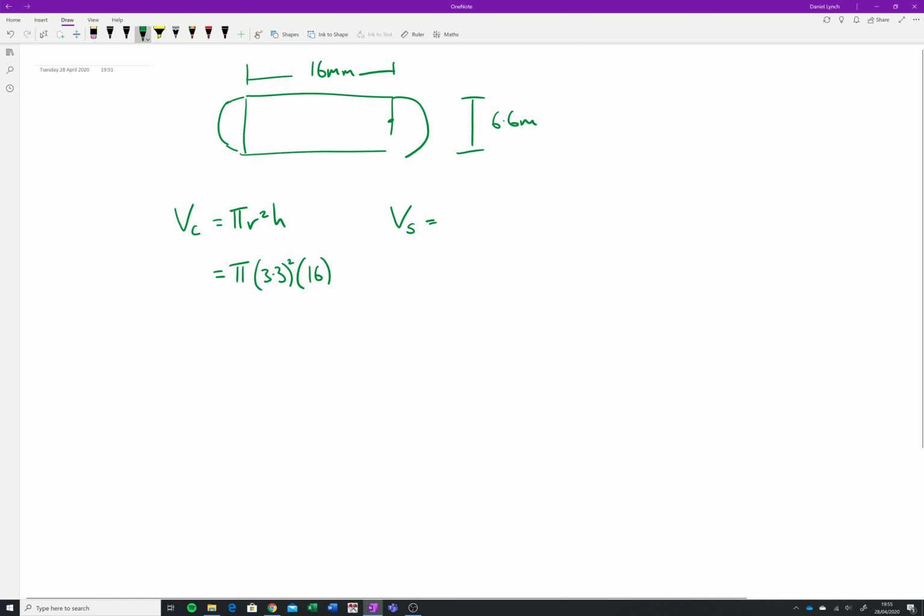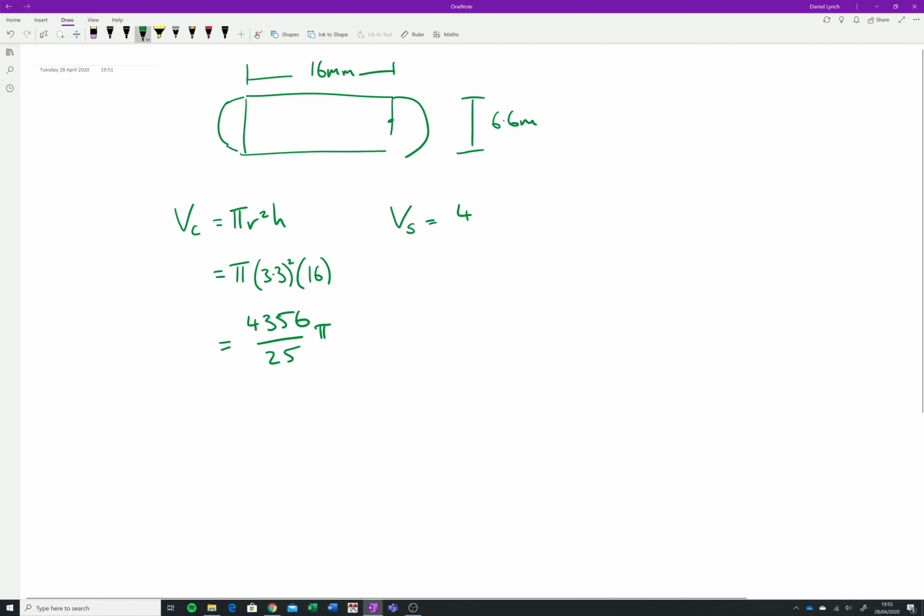It asks for the nearest whole number, but I wouldn't write this part to the nearest whole number. I'd write everything in first, and then at the very end do the whole number. So 3.3 squared, I've got that. I then multiply it by 16. So this thing here is 4356 over 25 pi. That's how many pi's we have here.